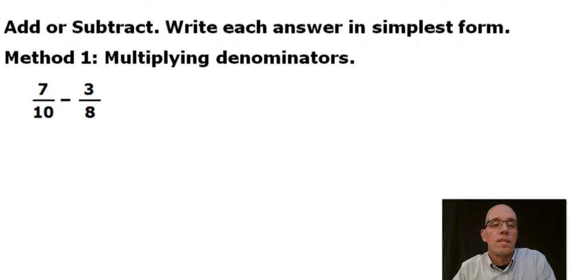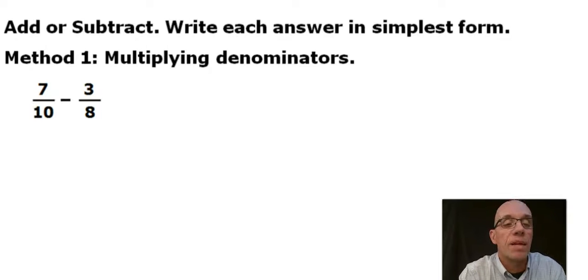So let's do this one. We could use the multiples of 10, but if you didn't know that 8 and 10 have a least common multiple of 40, what can you do? Instead of spending all that time trying to find one, you can find a common denominator, maybe not the least common denominator, but you can multiply those two together.